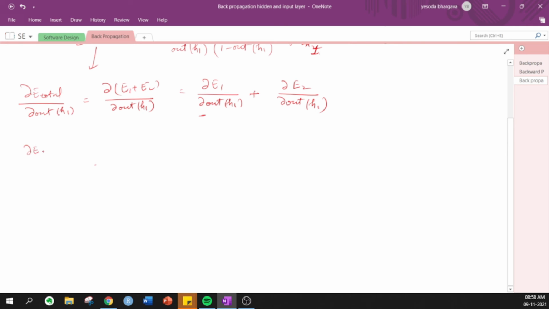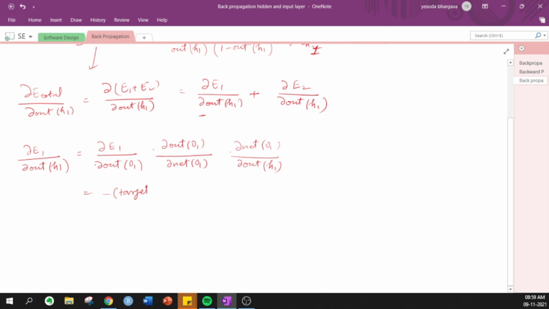Now let us first look at this term, the partial derivative of E1 with respect to output of H1. Using the chain rule, we can write it like this: E1 with respect to output of O1, into output of O1 with respect to net O1, into net O1 with respect to output of H1. If you differentiate with respect to output of O1, this comes out to be minus (target O1 minus output of O1).